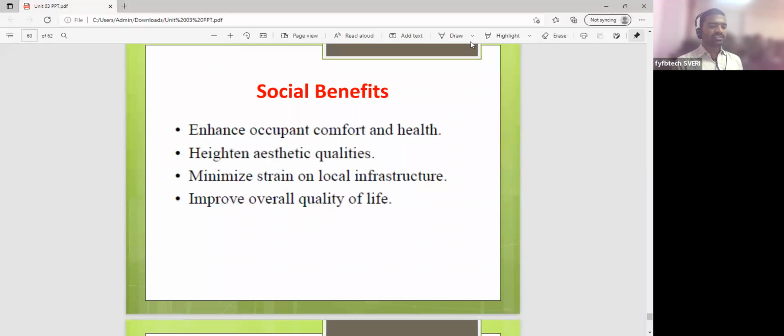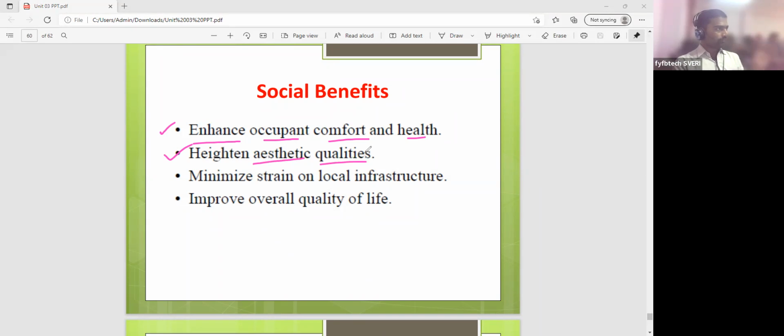Then how is this green building going to give benefits to society? First, it enhances occupant comfort and health. Whatever people are staying in a green building, they feel comfortable and they feel that they are healthy. Then it heightens aesthetic qualities.